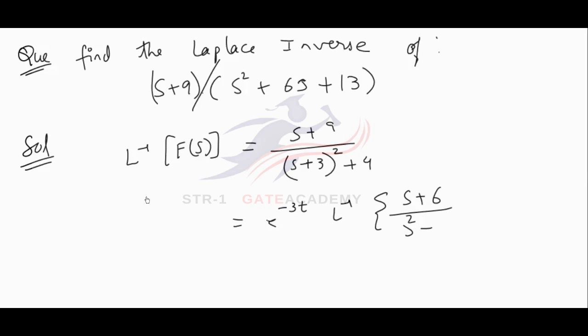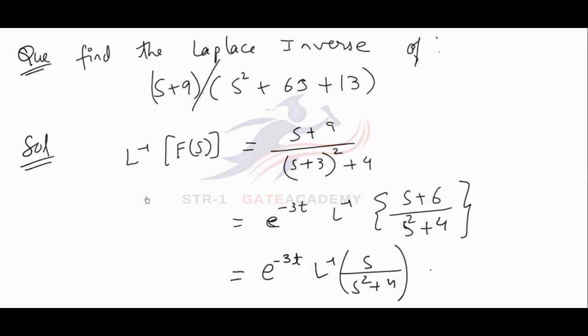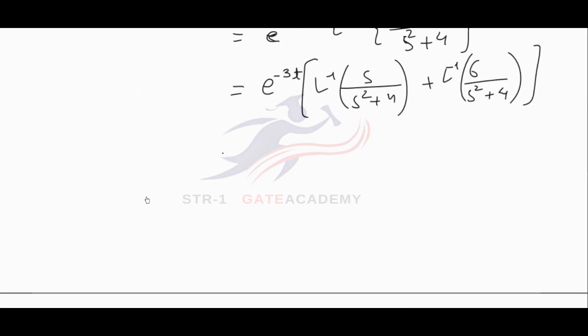s square plus 4. So this will become how much? Directly we can say now it is e raised to minus 3t. You can separate this. You can say it is s upon s square plus 4 plus 6 Laplace inverse of 6 upon s square plus 4. So one will convert to cos and one will convert to sine.